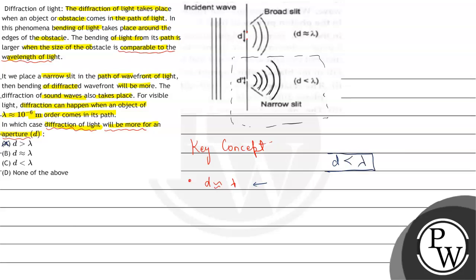It says that the slit distance or aperture between the slits is less than the wavelength of incident light, and hence we can see that the two secondary sources of new wavefronts are closer than they are expected, and hence the new secondary wavefronts will be quite clear compared to the incident wavefront, and hence the diffraction of light will be more for aperture D when D is less than lambda, and hence option C will be the correct option to this solution.